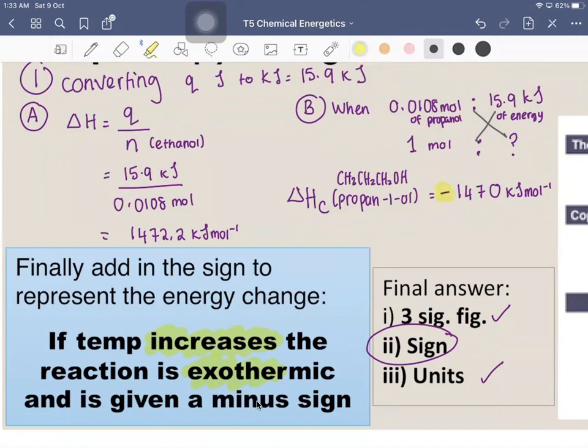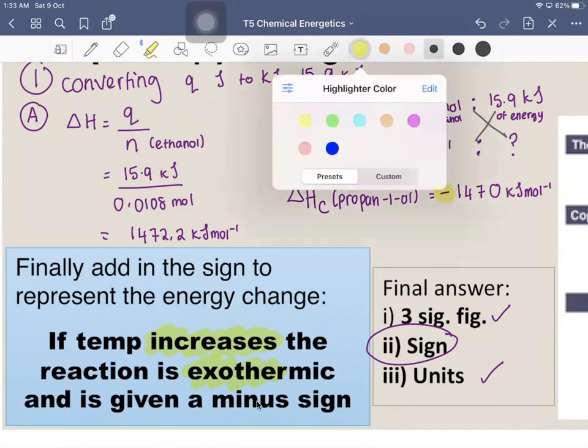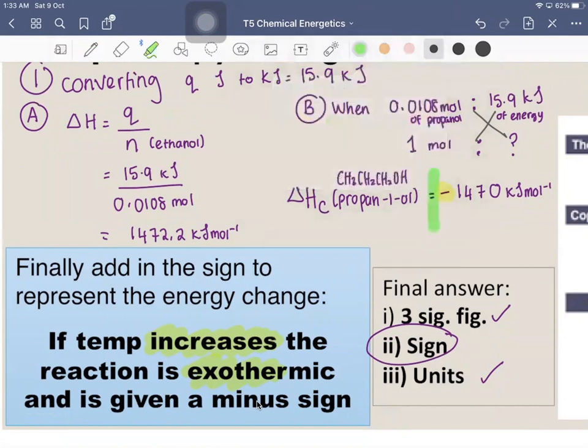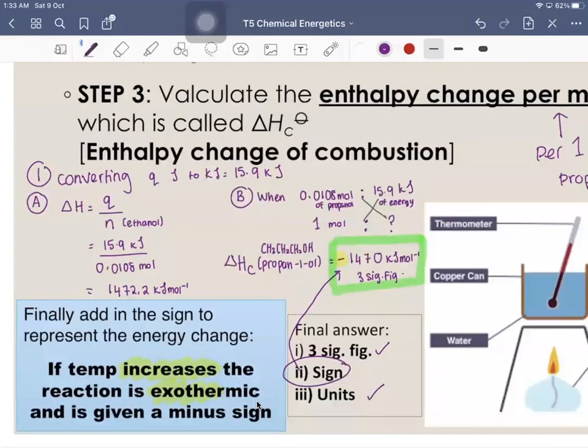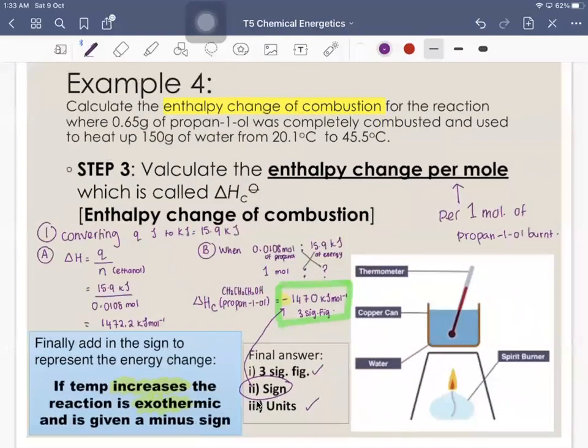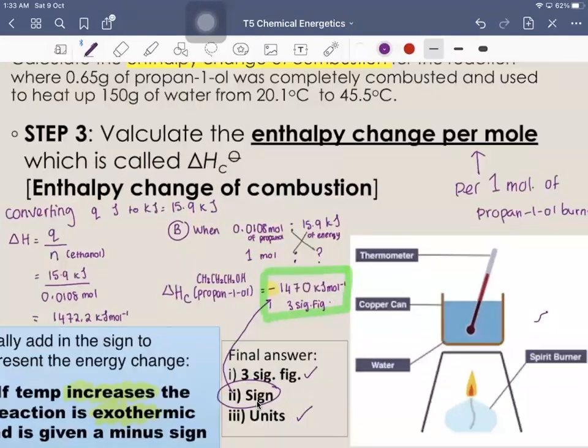My final answer is negative 1470 kilojoules per mole, in 3 significant figures. If you're wondering what that sign is, I am referring to that negative sign. Please make sure you understand the steps and the process here.